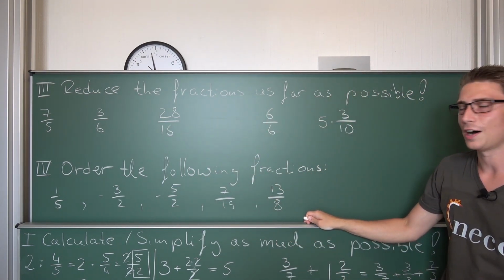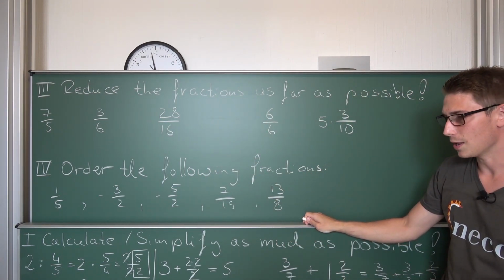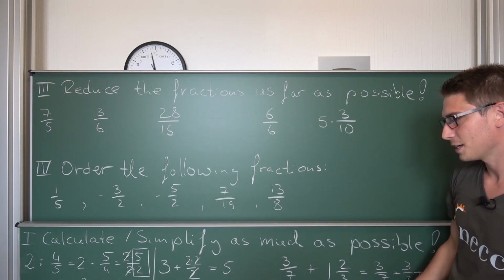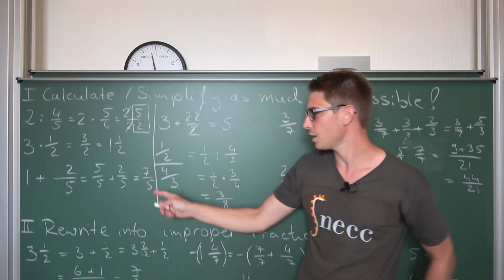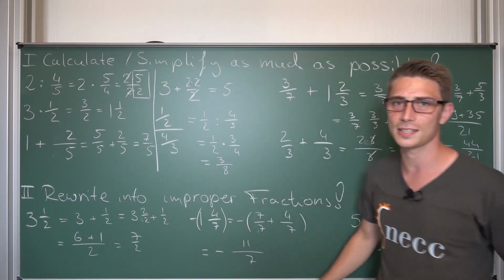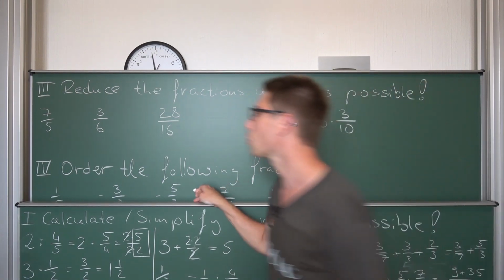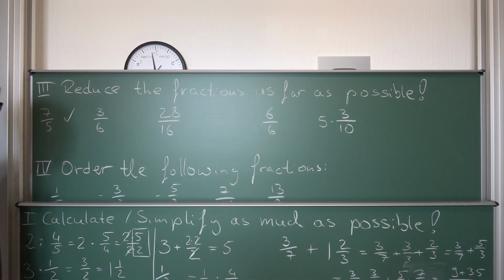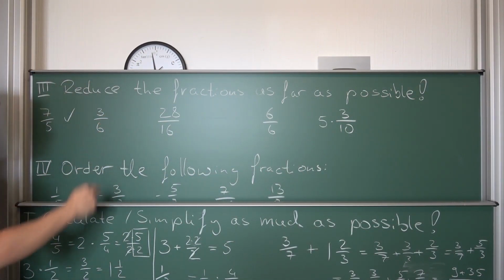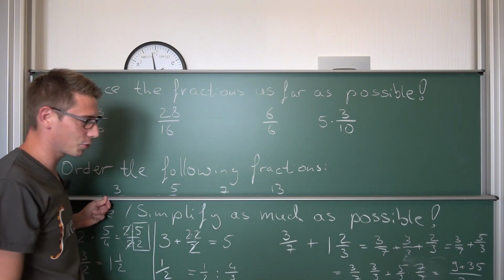So 7/5, what is this exactly? Well, we have talked about this before. We had 7/5 here as an answer, and I said before that this is a completely reduced fraction. It's irreducible because 7 and 5 are already prime numbers. So yeah, we are done with this. Nice. Now we have 3/6. We kind of covered this before too.